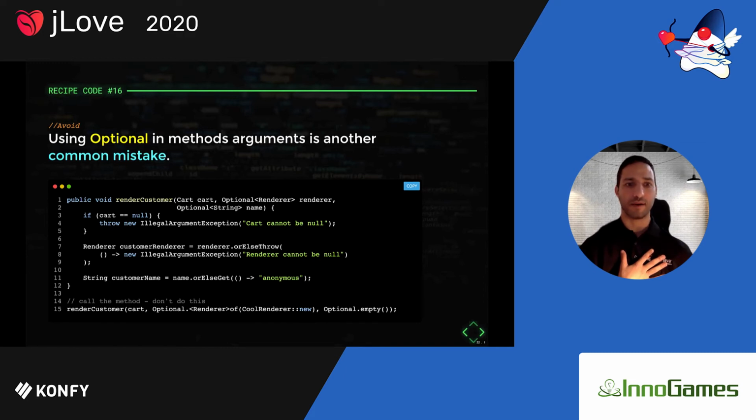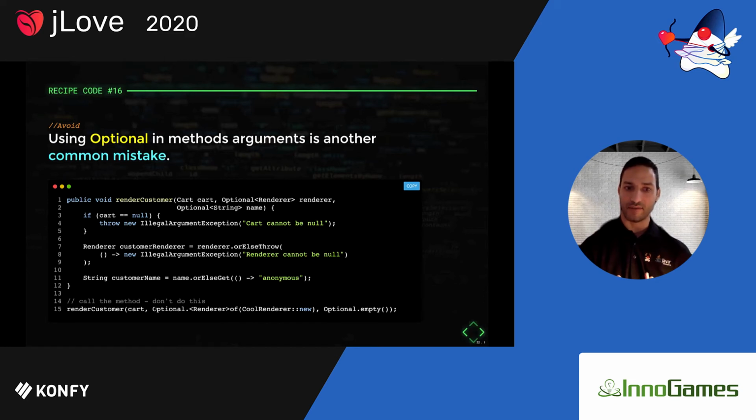And I check cart nullability and throw an IllegalArgumentException. Then I check the renderer. The guy did this because the check looks elegant. If it doesn't exist, I throw this IllegalArgumentException with my message, then check the customer. If it doesn't exist, just assign a default value to it. And when I call it, amazing.